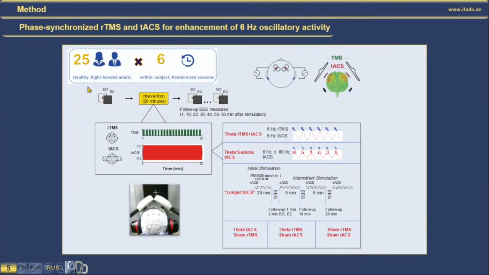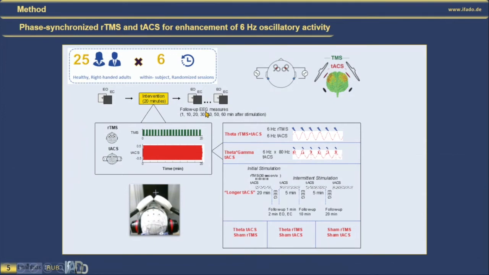In a first experiment, we used the same method as our preliminary study, and we applied 6 Hz rTMS plus tACS, 80% AMT for 20 minutes, and we recorded EEG before stimulation and every 10 minutes after stimulation up to 60 minutes.